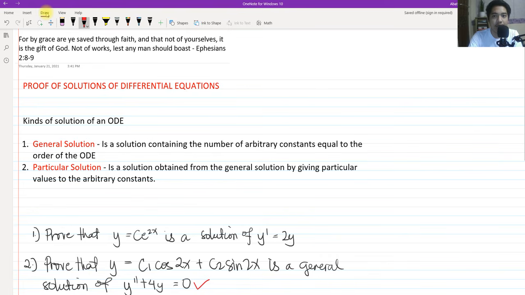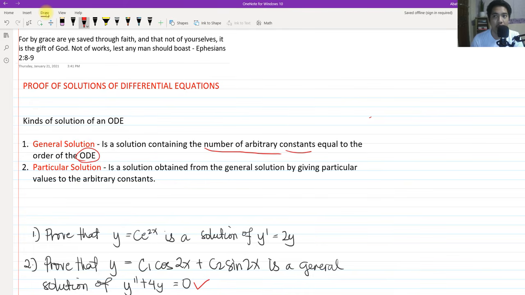So, what is the difference between the general solution and the particular solution? A general solution is a solution containing the number of arbitrary constants equal to the order of the ODE, or the ordinary differential equation.